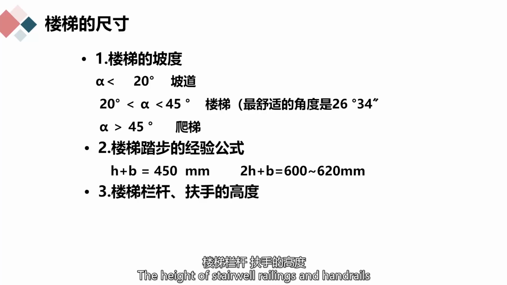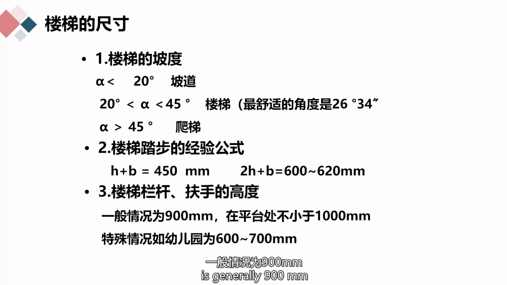The height of stairwell railings and handrails is generally 900 mm, and at the platform, it is not less than 1000 mm. In special cases, such as in kindergartens, it is 600 to 700 mm.